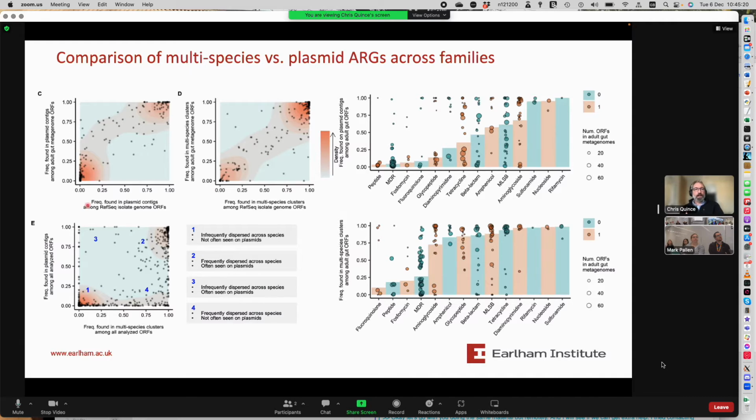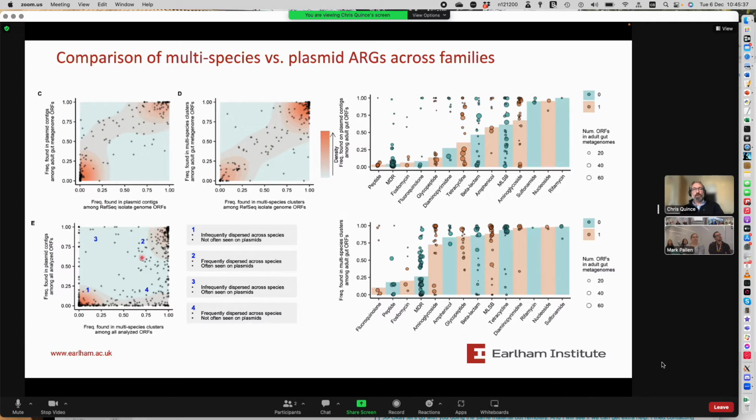This is what we're showing here. For the different ARG families, I'm showing the frequency that were found in multi-species clusters and the frequency which were assigned to plasmid contigs.